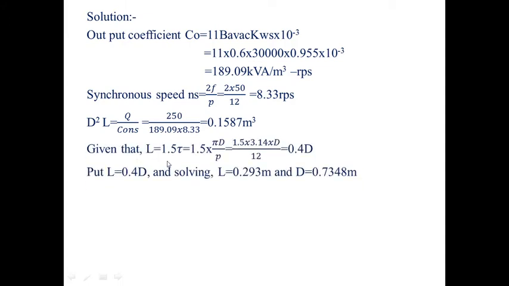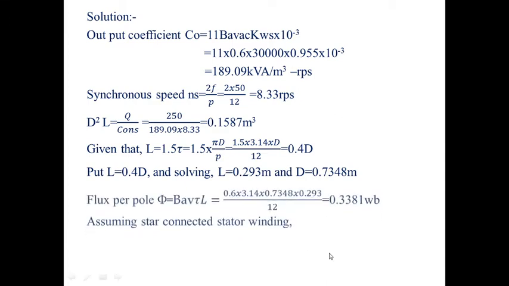Given that L is equal to 1.5 into tau, so 1.5 into pi D by P, that is 1.5 into 3.14 into D divided by the number of poles, 12, simplifying gives L as 0.4 into D. Now substituting L as 0.4 D in this equation and solving for L and D, the L value is 0.293 meter and the D value, that is the stator bore diameter, is 0.7348 meter.